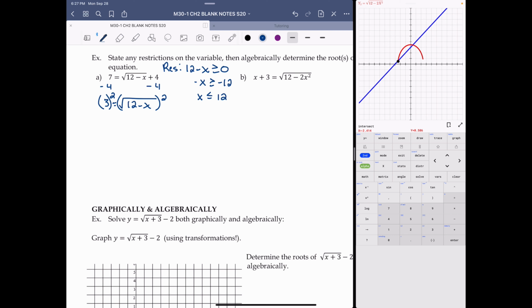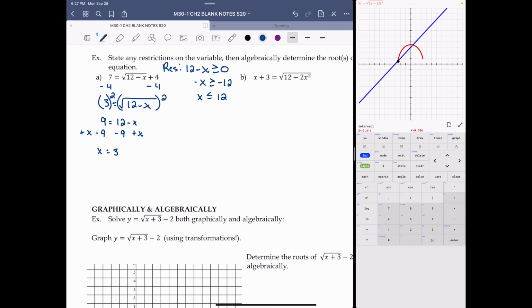So that will get rid of our root. 3 squared is 9 equals 12 minus x. And now we can isolate the variable. If we subtract 9 from both sides and add x to both sides, then we would have x equals 12 minus 9 is 3. So we get one solution in this case.